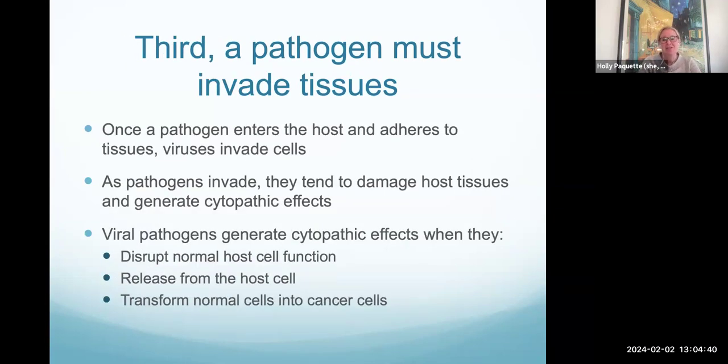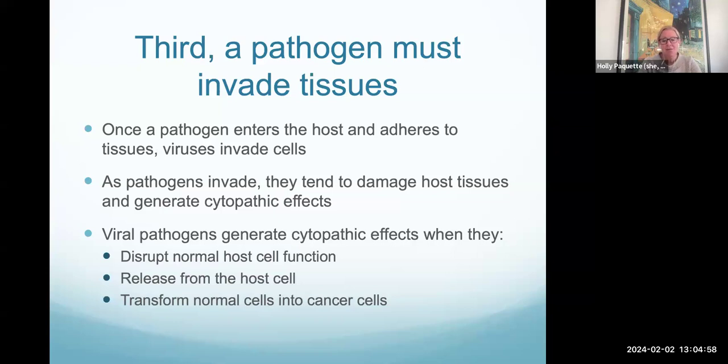That brings us to our third step. And that's when that pathogen is going to invade tissues. And so in this case, what happens is that spike unlocks that receptor, and the virus is allowed then to invade the cell. As it invades, it can often cause damage to the tissue or the cells.